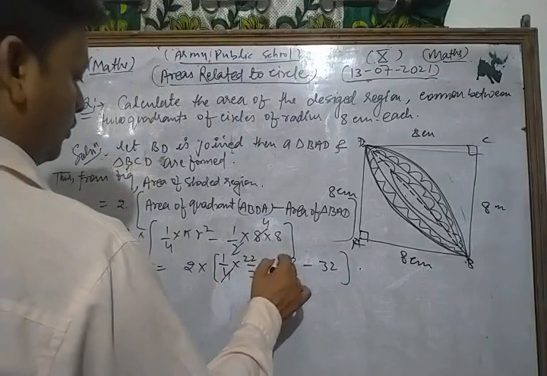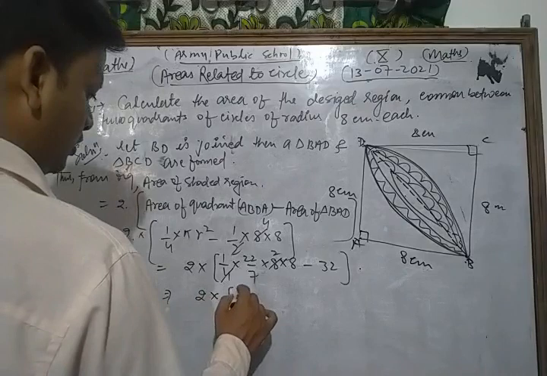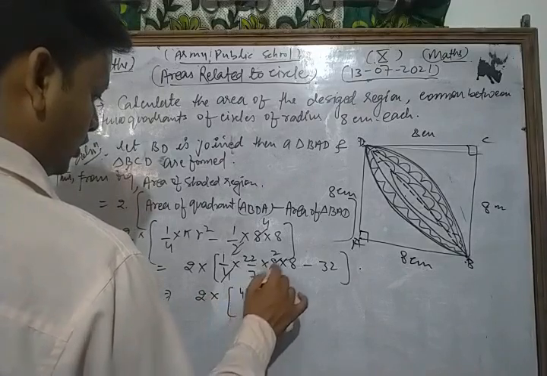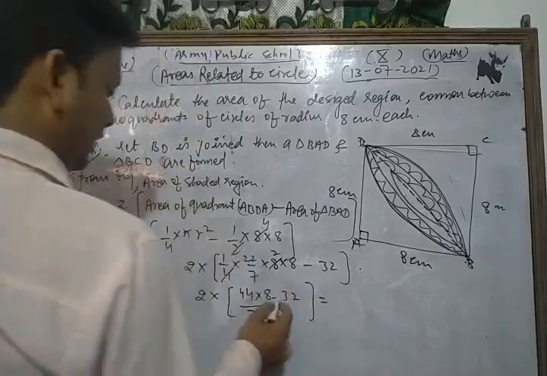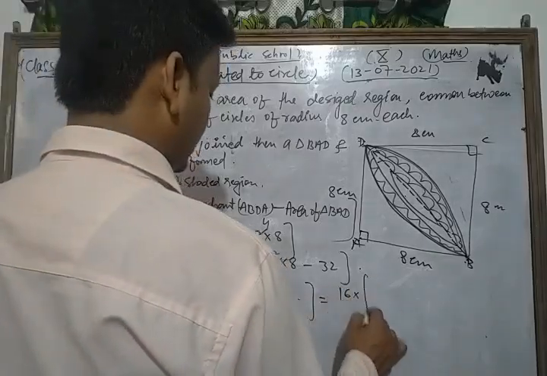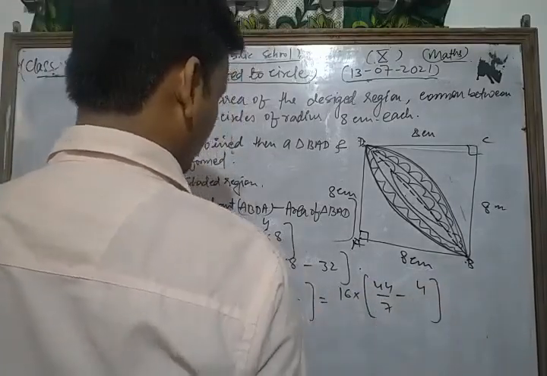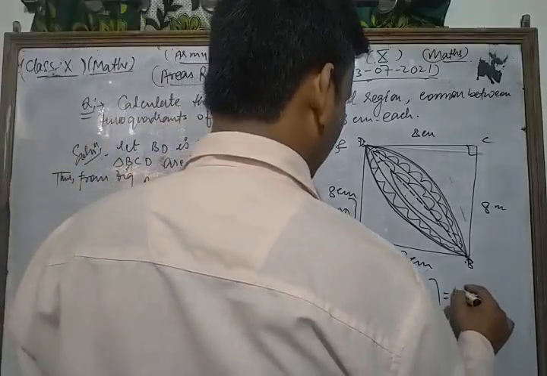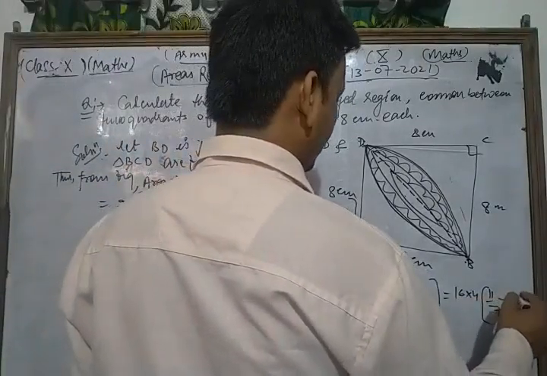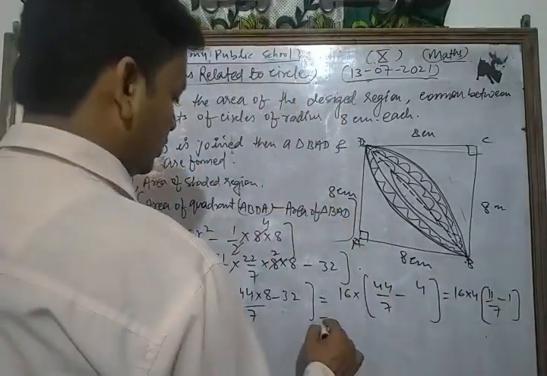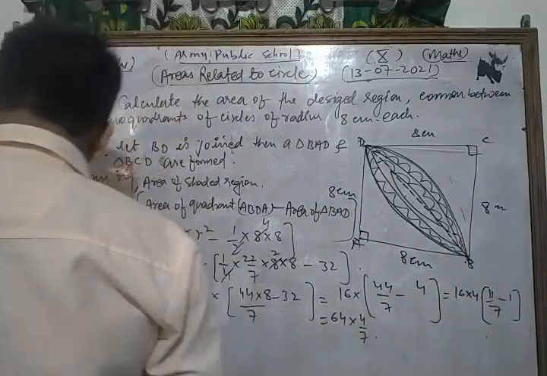Now 4 2s are 8, so we have 2 into 44 into 8 minus 32 upon 7. Now from there we take 8 as common, so 16 is here, and we have 44 upon 7 minus 4. Now we also take 4 as common, so here 11 upon 7 minus 1. This is 64 into 4 upon 7.